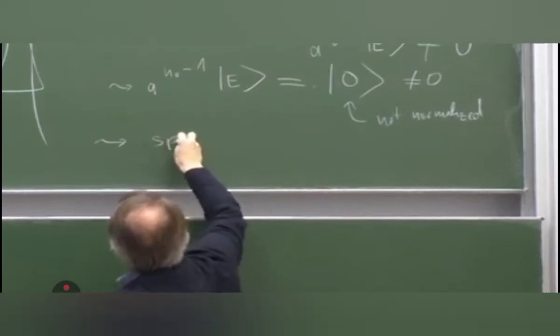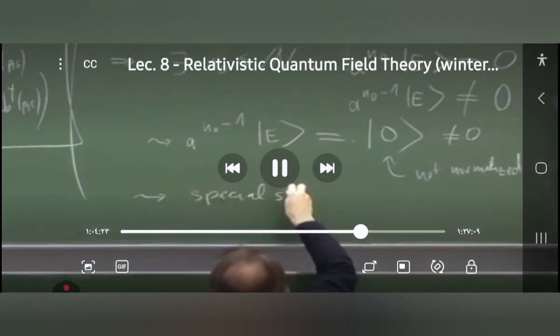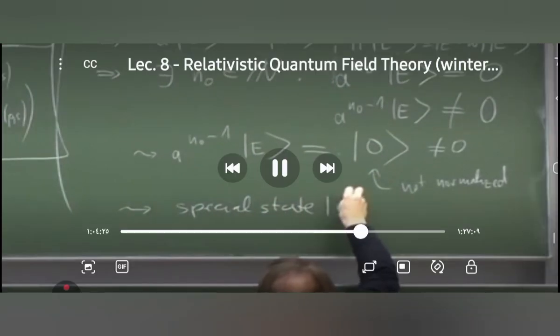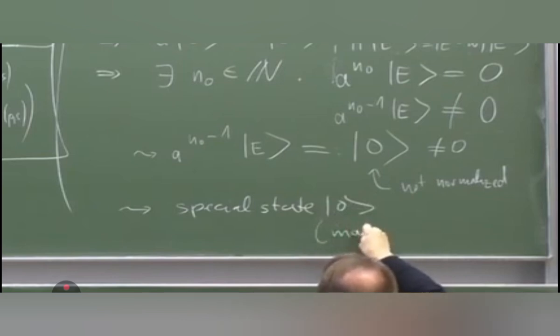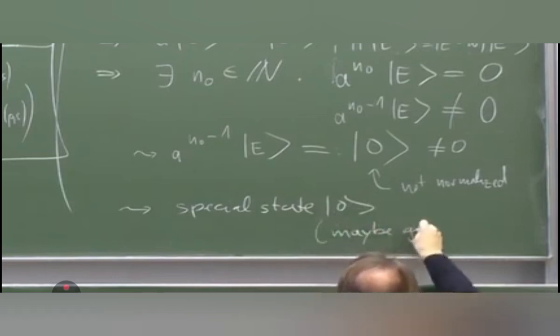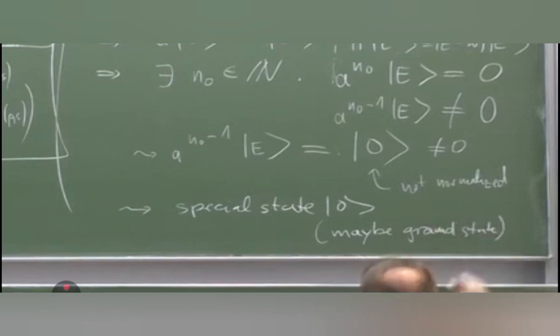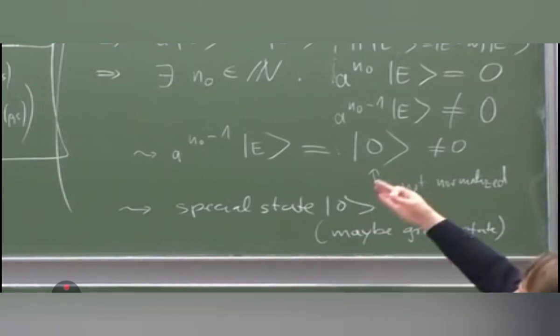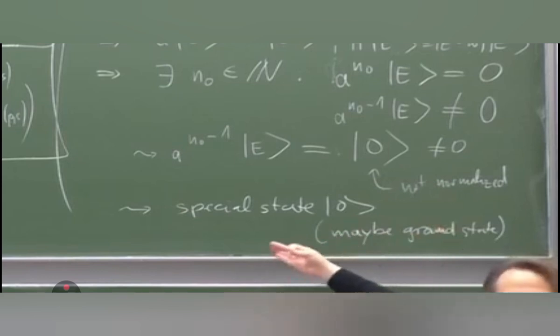So we get a special state, 0. This might be the ground state, but it's actually not guaranteed that this is the overall ground state, because in general there might be other operators which also can be minimized and so on.